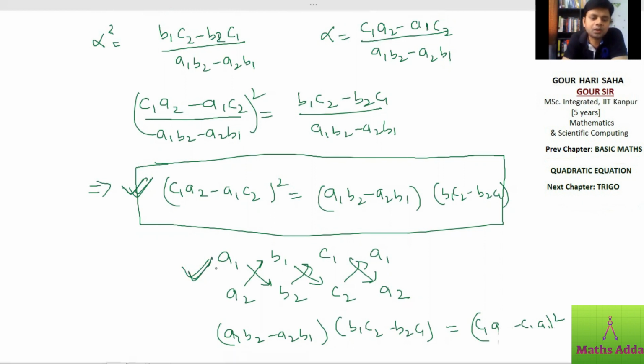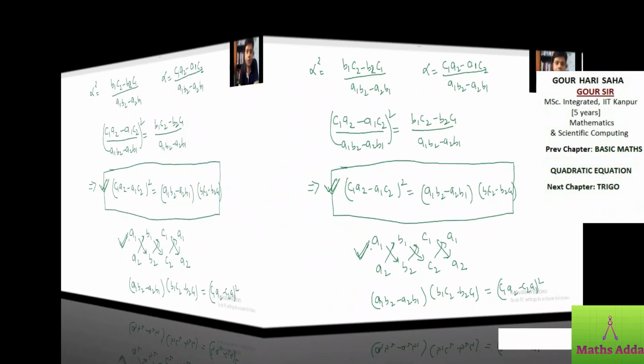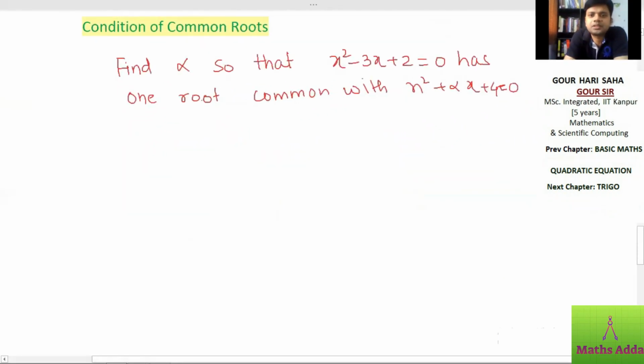So let's take one question on this and then we will be moving to the second situation when both the roots are common. Find alpha so that x square minus 3x plus 2 equal to 0 has one root common with this, right? So one root common means what? We need to use that condition, correct? So what is that condition?